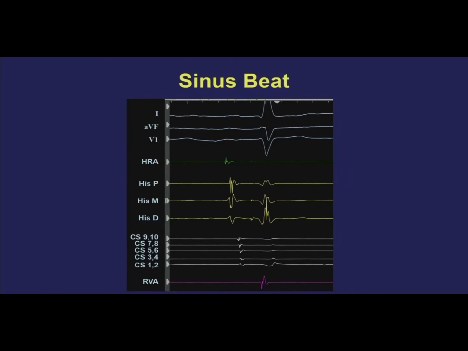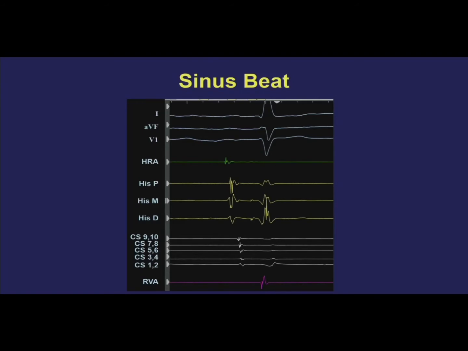So how do you recognize the right bundle potential? Yeah, I made that mention and I passed over it, but thank you for asking. So we know that in humans, the His-Purkinje system, and in all animals, tends to conduct at pretty predictable fixed rates. So the HV interval almost always is in the 40 to 60 millisecond time frame.